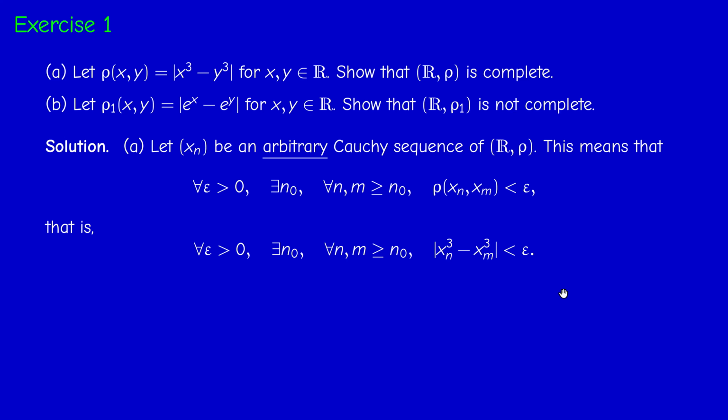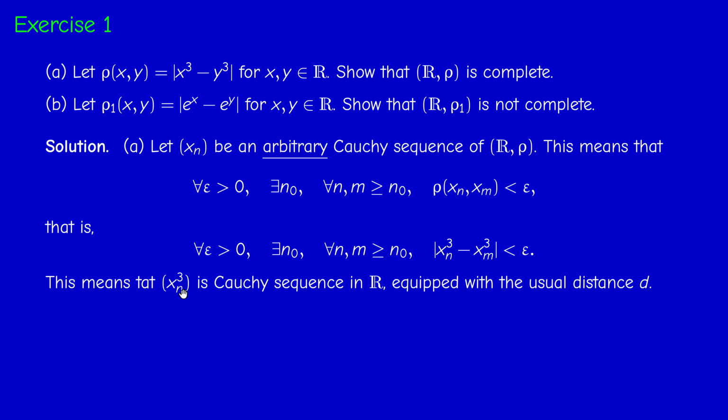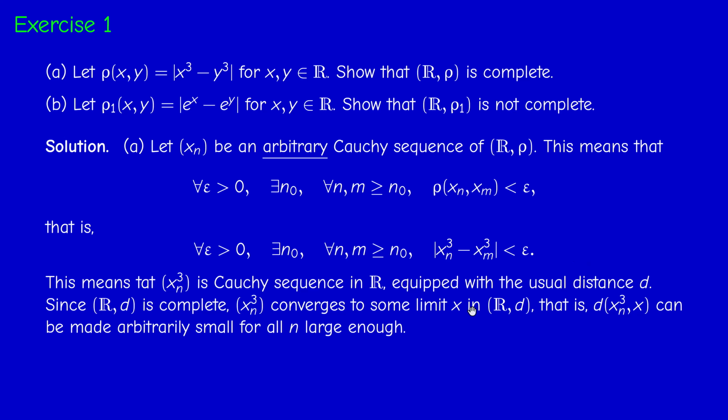So this means that the sequence x_n cubed is a Cauchy sequence in R equipped with the usual distance that we call d. This is a different distance than rho. But R with the usual distance is complete. Therefore, x_n cubed converges to some limit x in (R, d), okay?